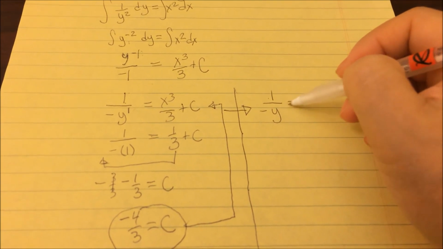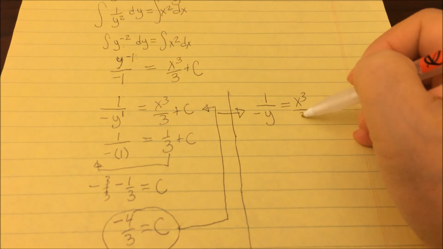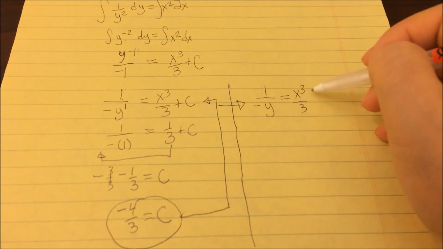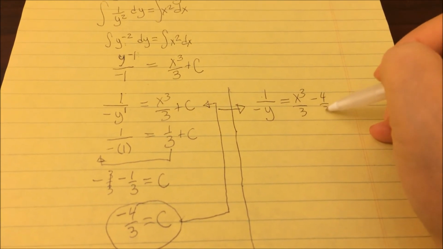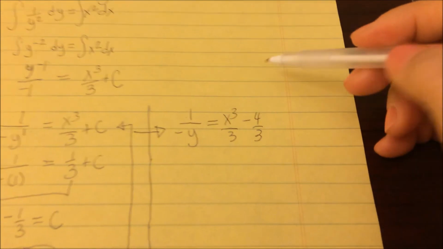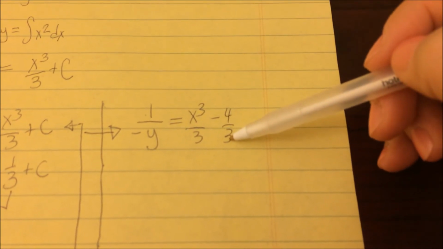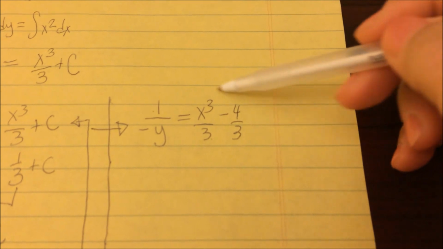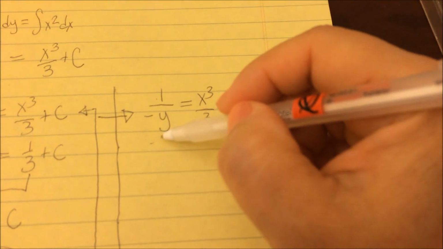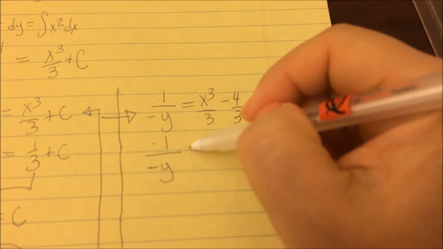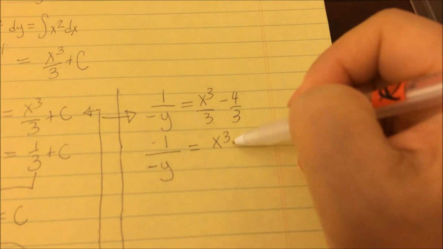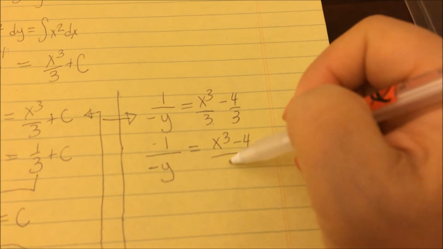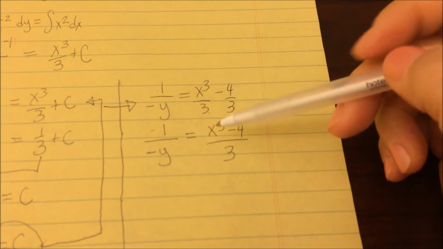All right, so then is equal to x to the 3rd divided by 3, and then again -4/3 is what c is. Okay, so since we already have the common denominator of 3, let's make this into one fraction. So I'm going to have 1/-y is equal to x to the 3rd minus 4 over 3, the common denominator.